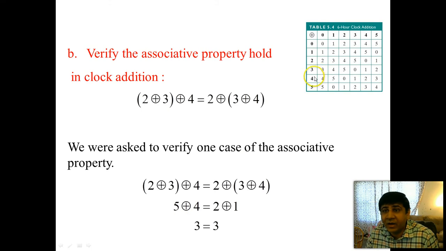What does 9 mean? 5 plus 4 is 3 on this side. Similarly, this time let's add 3 plus 4, which is 7. Where is 7? 7 is just 1, and then plus 2 is 3. It means that no matter how we group it, as long as we follow the rules of clock addition, these numbers satisfy the associative property.